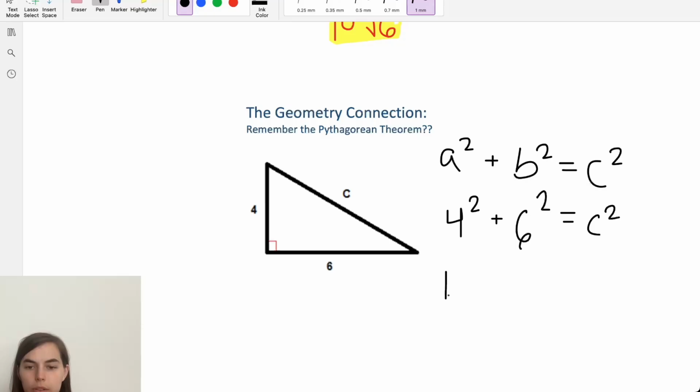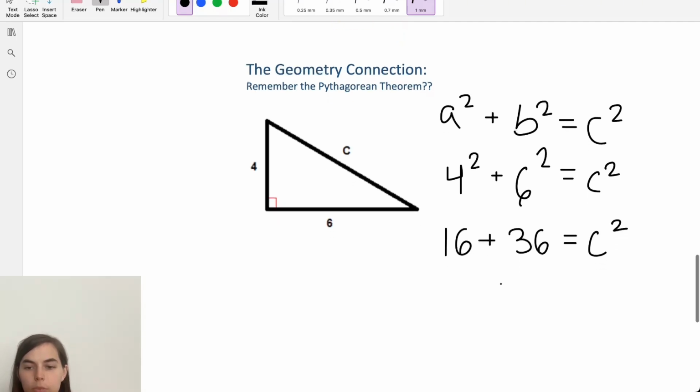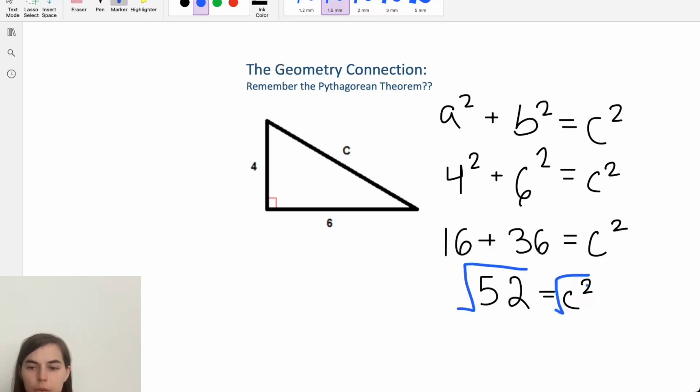So 4 squared is 16, plus 6 squared, which is 36, equals c squared. Simplifying a little bit more, 16 plus 36 is 52, equals c squared. But the thing is, we don't care what c squared is, we want c. So we have to take a square root of both sides in order to cancel out with that squared and just get c by itself. But now we're left with c equaling the square root of 52.